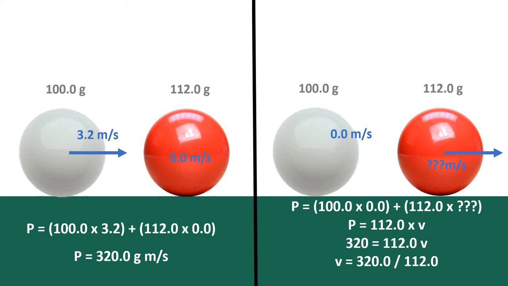We have to divide 320 by 112, and this gives us a post-collision velocity of 2.9 meters per second, as opposed to 3.2. And this makes sense because the red ball is slightly weightier. It has 12 grams more mass than the cue ball.